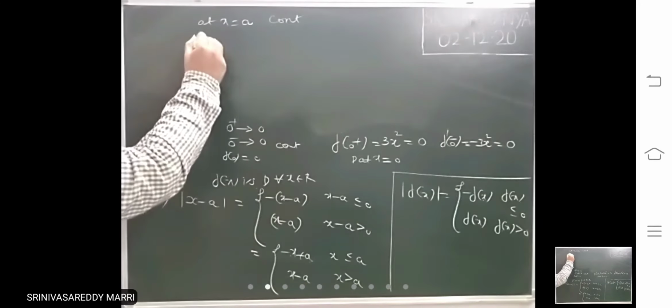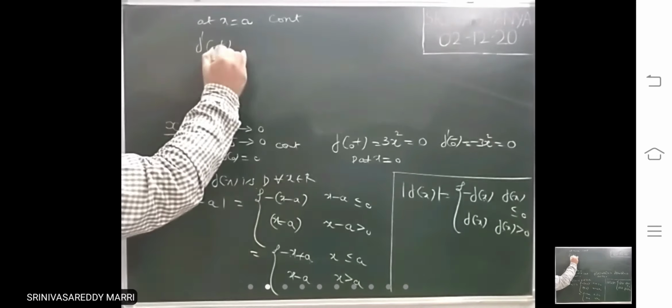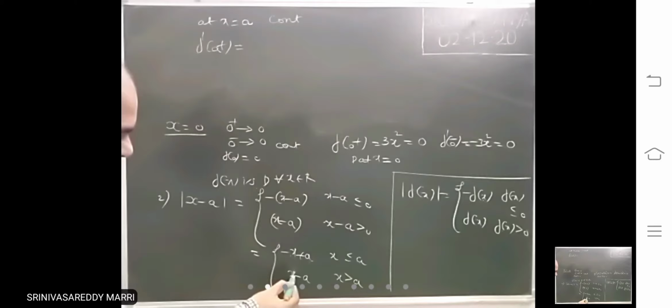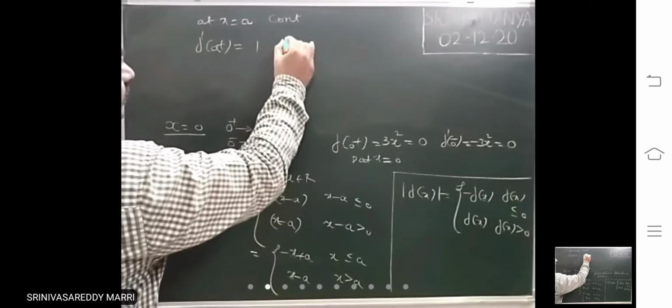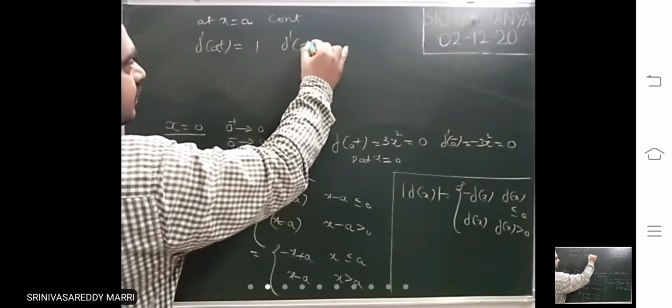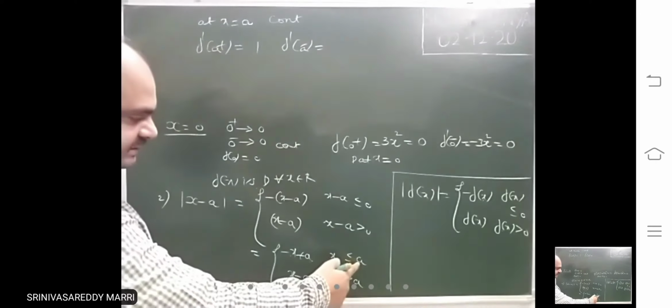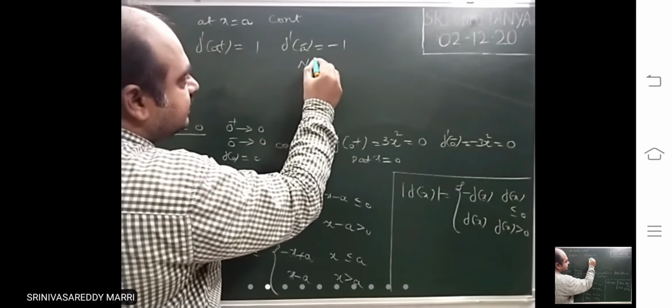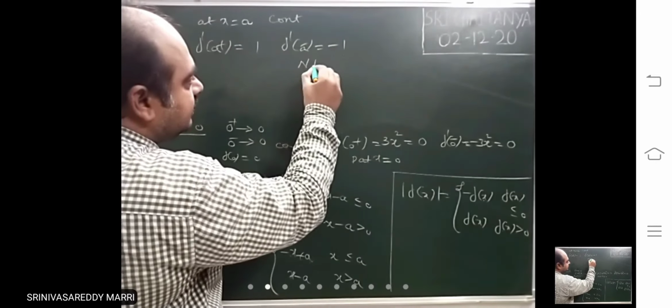So f dash a plus, that means greater than a, the derivative of this is 1 minus 0, which is 1. f dash a minus, less than a, the derivative is minus 1. That means it is not differentiable at x equal to a.